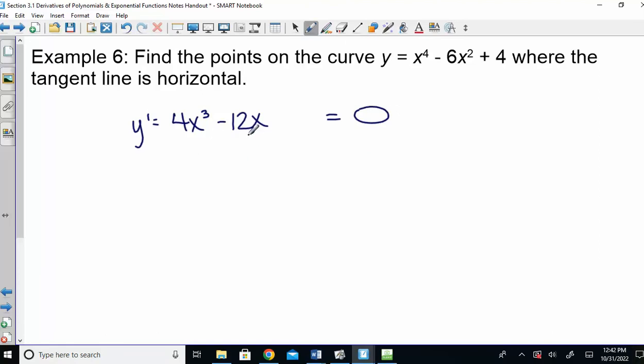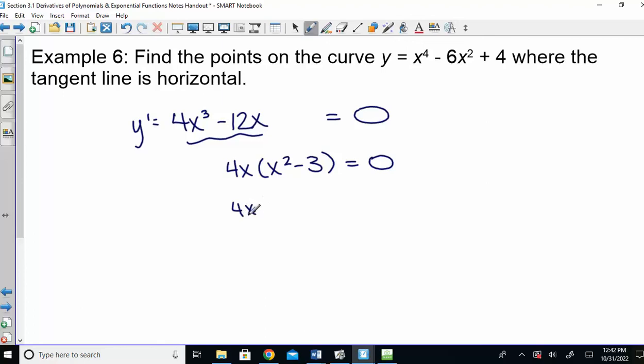What would you do to that? Set it equal to 0. What can you do with these? Yeah, I'll take out a 4x.